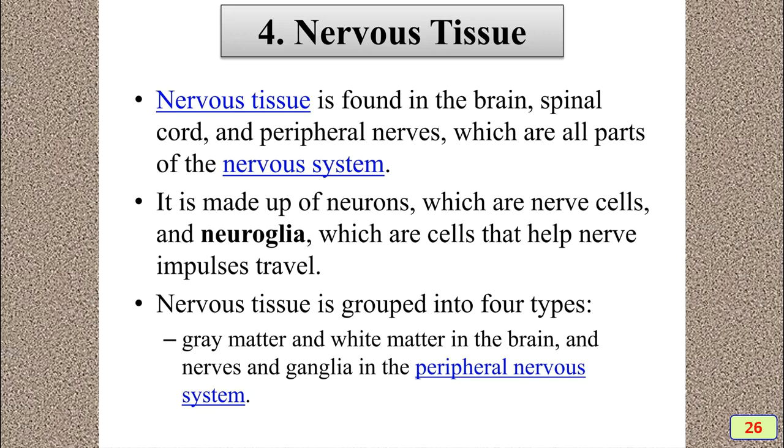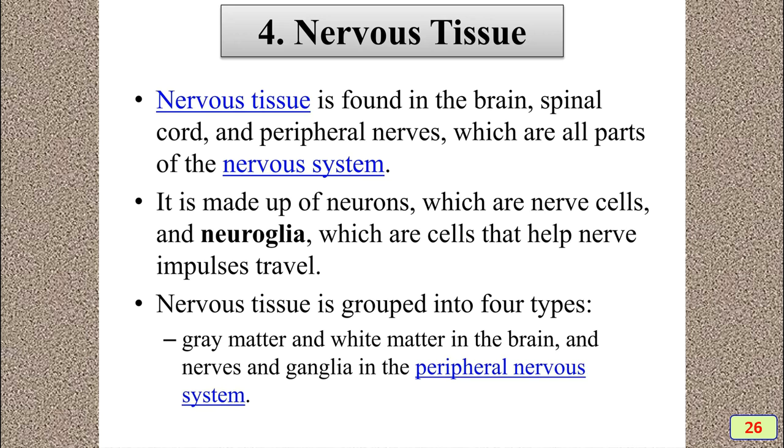It is made up of neurons, which are the nerve cells, and also the neuroglia, which are cells that help the nerve impulse travel, whereas the neurons are the unique type of cells present in the brain and very useful in processing signals, maybe electrical signals, and responding to incoming stimuli.